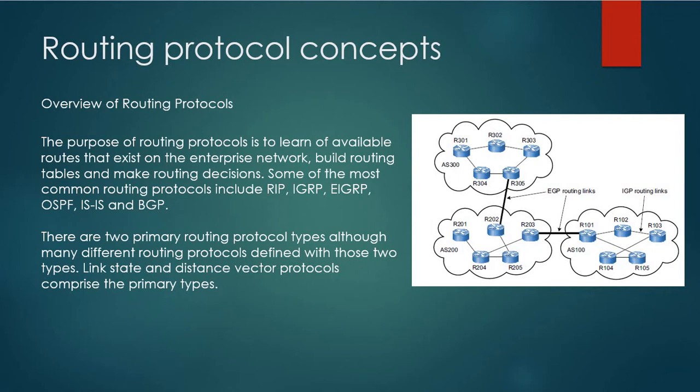There are two primary routing protocol types, although many different routing protocols are defined with those types: link state and distance vector comprise the primary types.